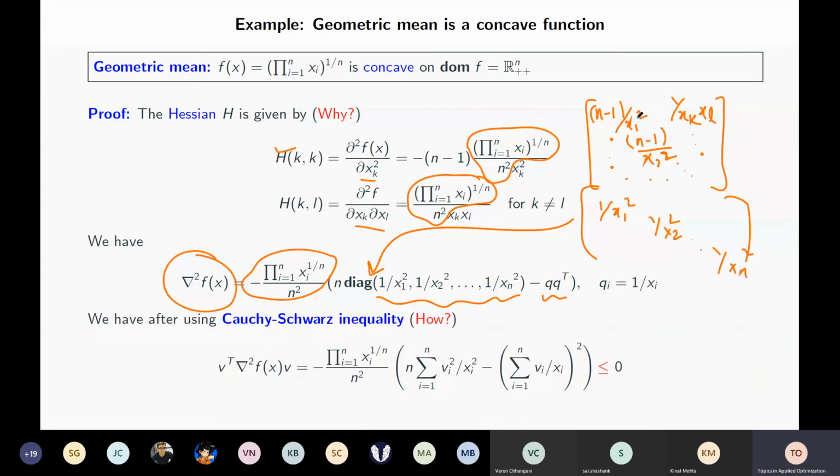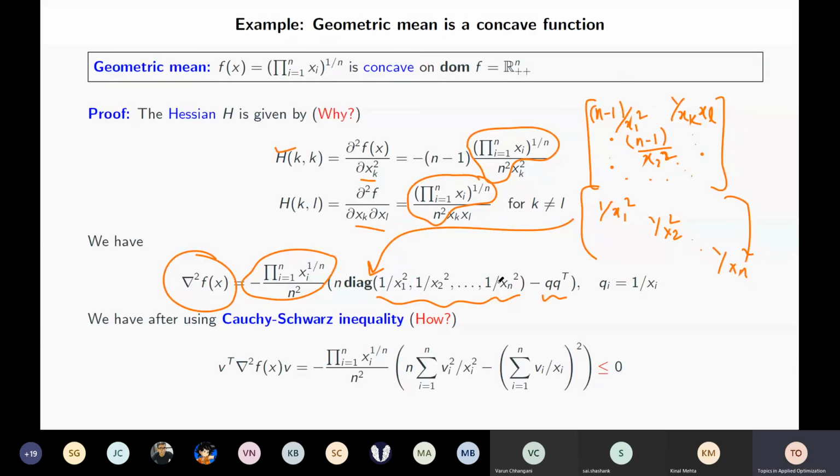If we subtract those from these, we are left with n minus 1 by x1 square and so on. So n minus 1 is taken care of. The remaining terms are fine, because there is just n square here, and the off diagonal terms are anyway 1 by x1 x2, and so on. So those terms are taken care of correctly.